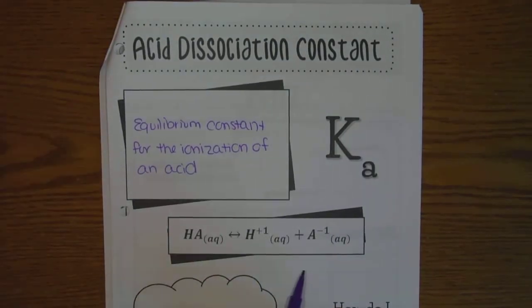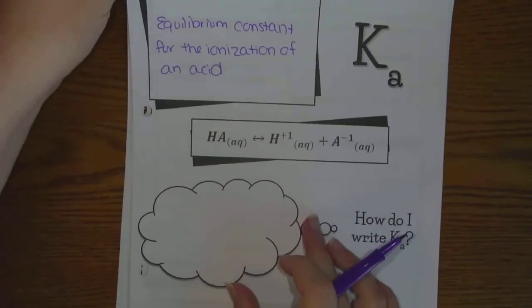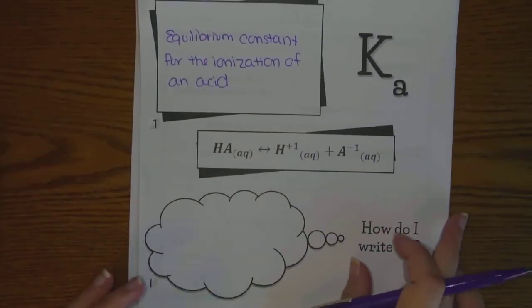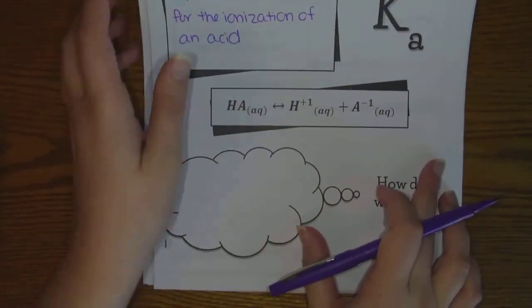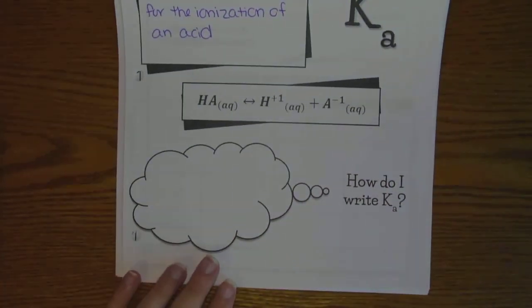So here we've got this information. This would be my typical acid equation. A- is going to be the ion for my acid, and obviously we have our hydrogen ions. If I have this situation, they're all aqueous, so that means that they're all included in my equilibrium constant equation, or my acid dissociation constant equation.